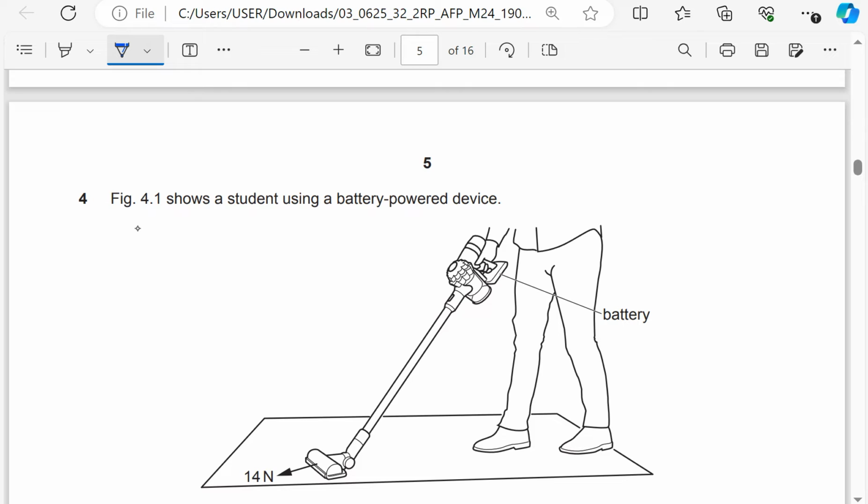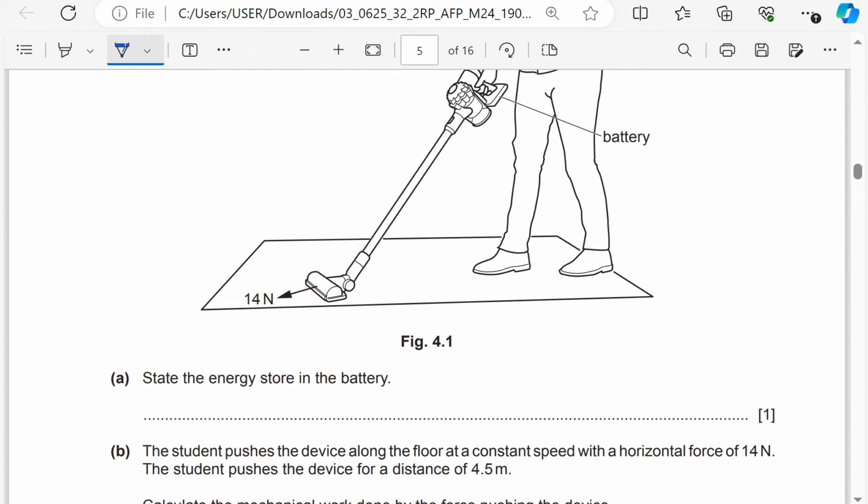The figure shows a student using a battery-powered device. State the energy store in the battery. In the battery we have chemicals, so this is chemical potential energy, or simply chemical energy.